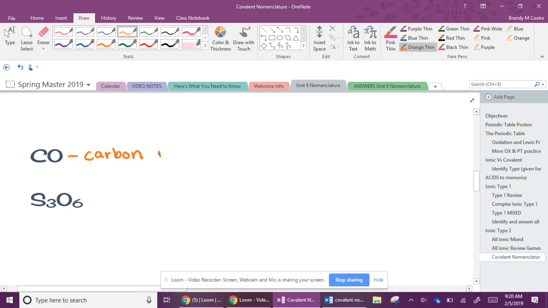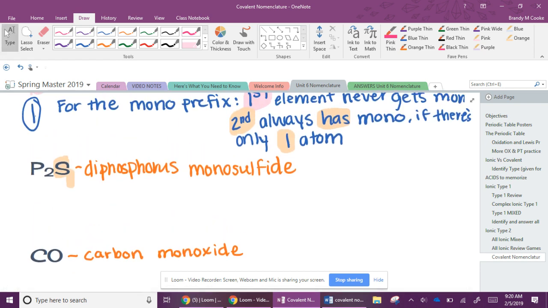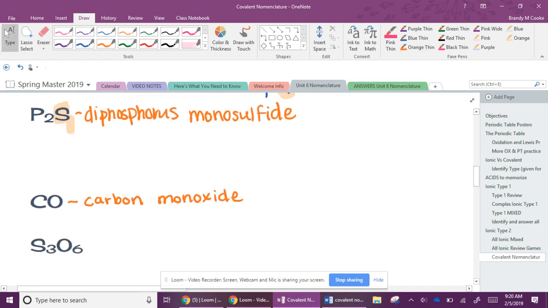We need a mono, so carbon monoxide. And hopefully you've heard that before, carbon monoxide. And it goes along with our rule that we just said. The first element, if there's one, does not get that mono, but the second element, if there's one, has to get that mono. But there's something else here going on that I want to point out.